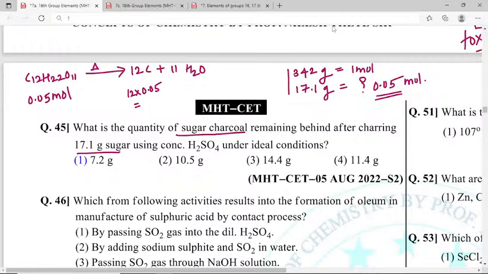What is the quantity of sugar charcoal remaining after charring 17.1 gram sugar? Sugar, C12H22O11, 342.